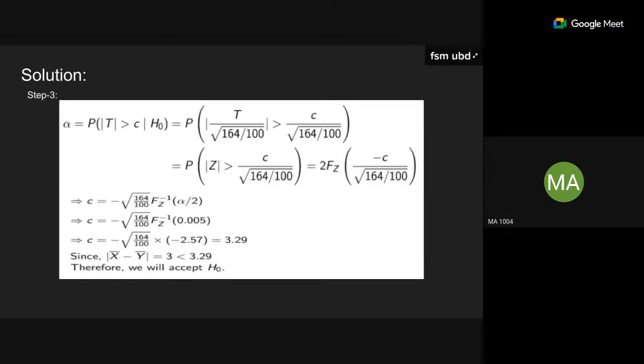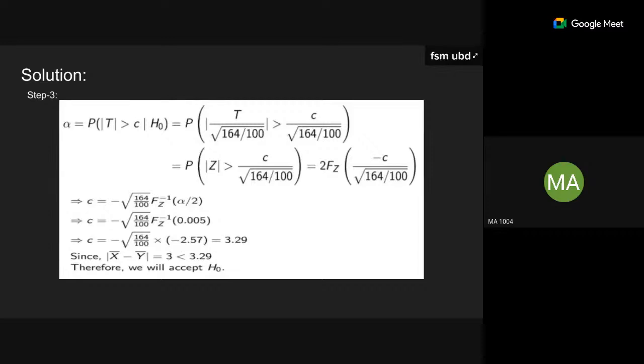Either your z should be greater than c or your z should be less than minus c. So there will be two cases, and split them into two cases and try to convert one to the other side. If there is time, I will do this at the end, but I recommend you to do this.